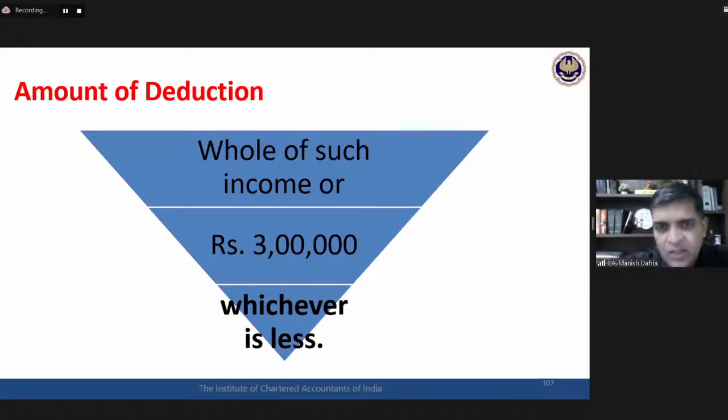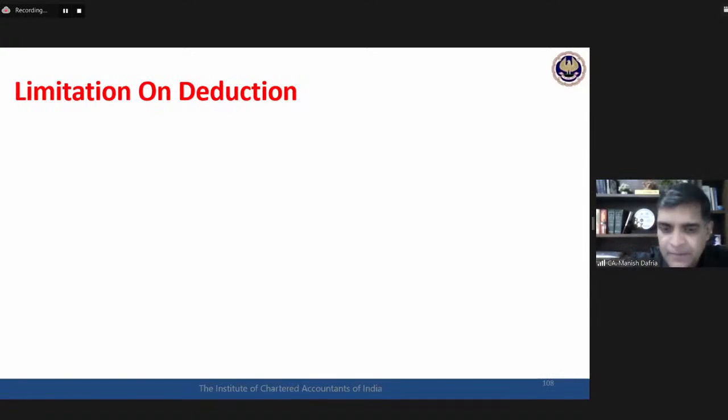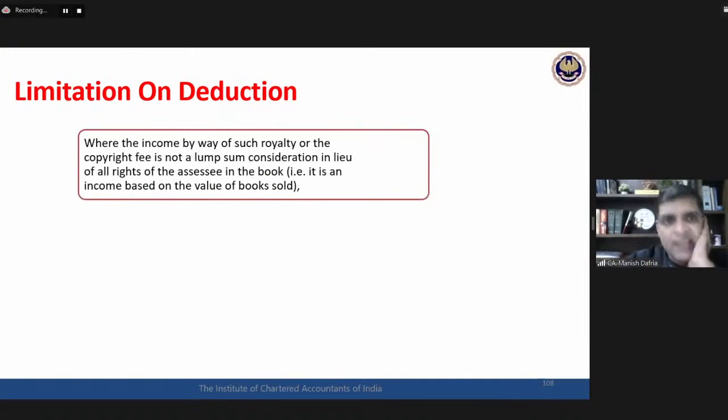Okay, 80QQB. Fine. Now there is a limitation on this deduction. 3 lakhs is in any case the maximum ceiling, but apart from that 3 lakhs, there is one more limit, one more restriction. If my income is not a lump sum consideration, but it is based on the sale price of the books.